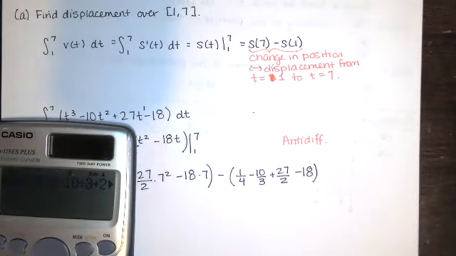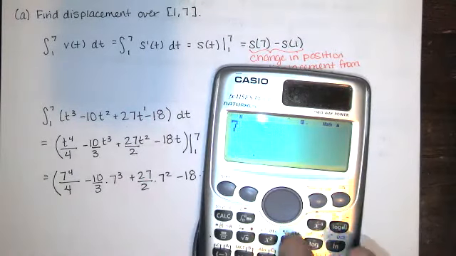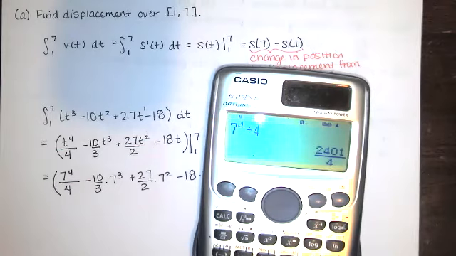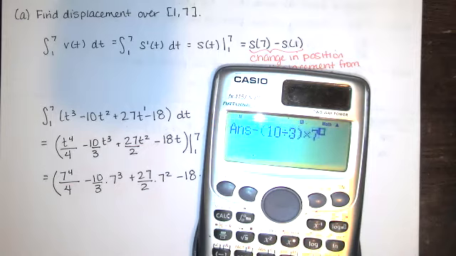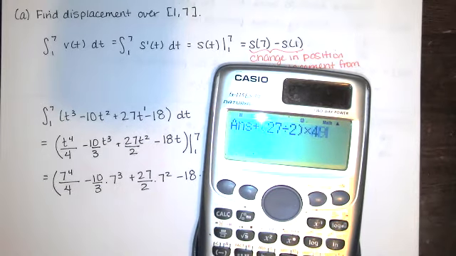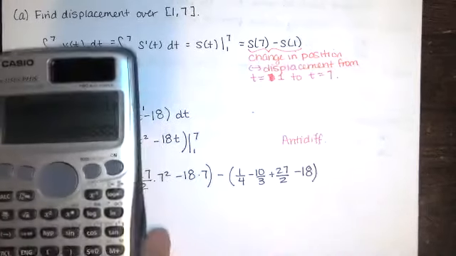Looks right to me. Oh, I just erased it. 7 to the 4th over 4 minus 10/3 times 7 cubed plus 27 over 2 times 7 squared, so that's 49, minus 18 times 7. So we get that.